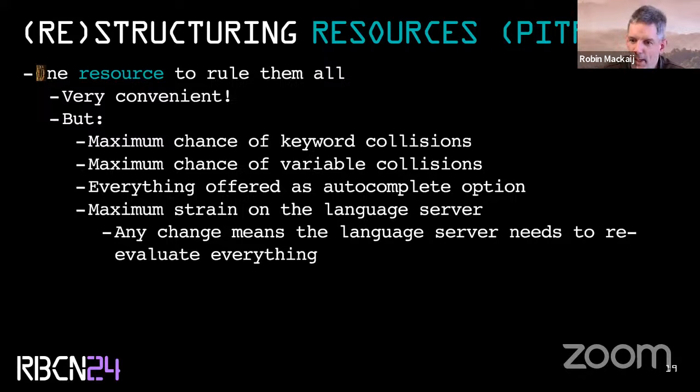Also, back to an IDE, your language server, you get everything offered as autocomplete suggestion. I don't find that helpful in many cases because more suggestions is more clutter on what you're doing. Also, maximum strain on the language server.